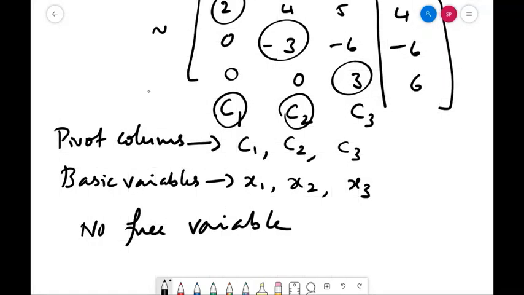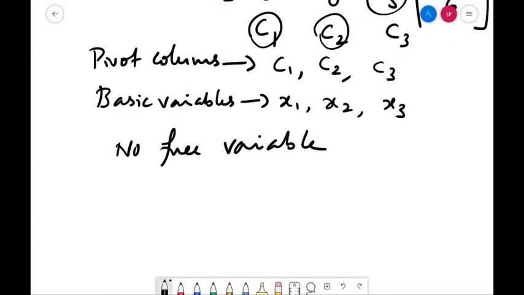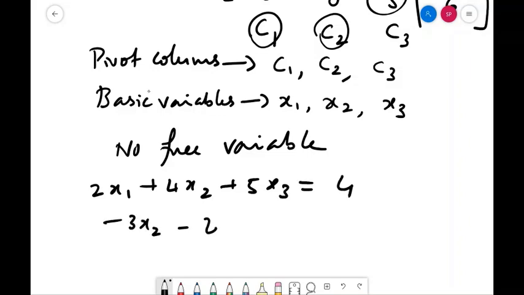So let us rewrite this echelon form as matrix equations again. I have these equations: 2x1 plus 4x2 plus 5x3 is equal to 4, minus 3x2 minus 6x3 is equal to minus 6, and 3x3 is equal to 6.